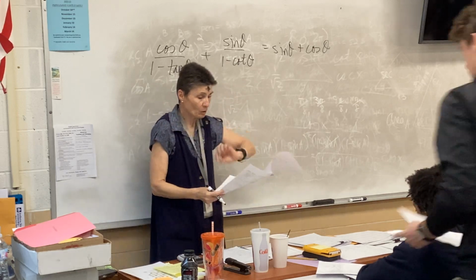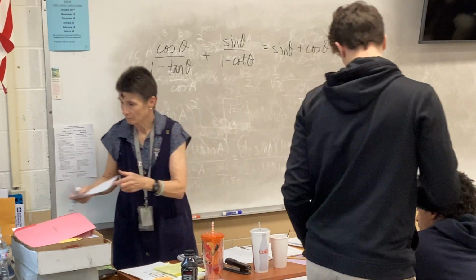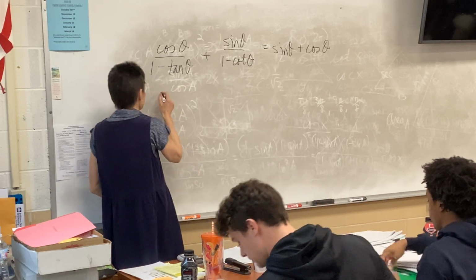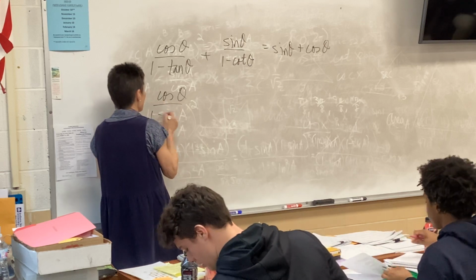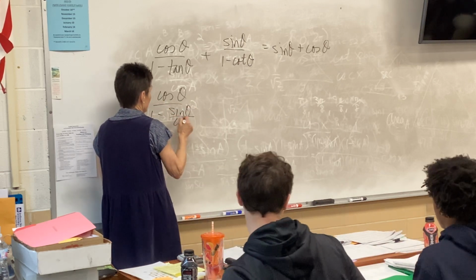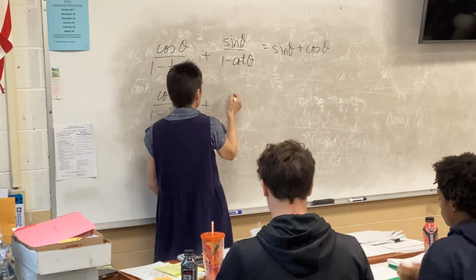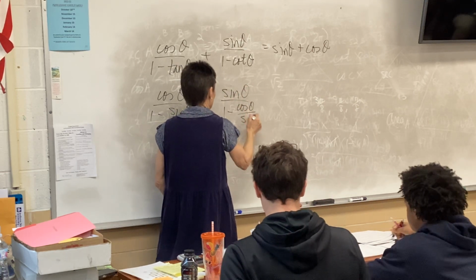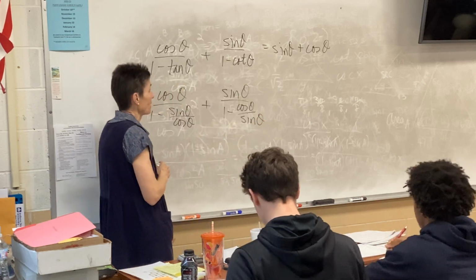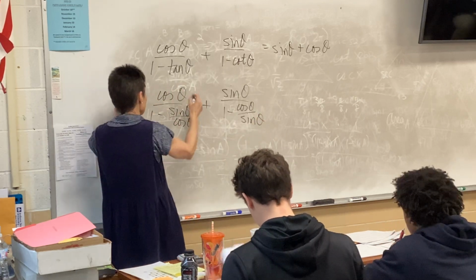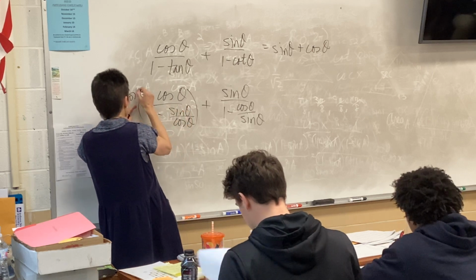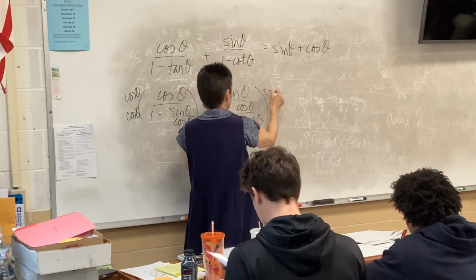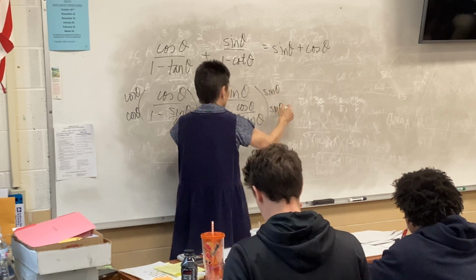So I'm going to change this into sine over cosine, and change that into cosine over sine. Now these are two entirely separate fractions, so I can clean this one up by multiplying everything by cosine, and I can clean this one up by multiplying everything by sine.